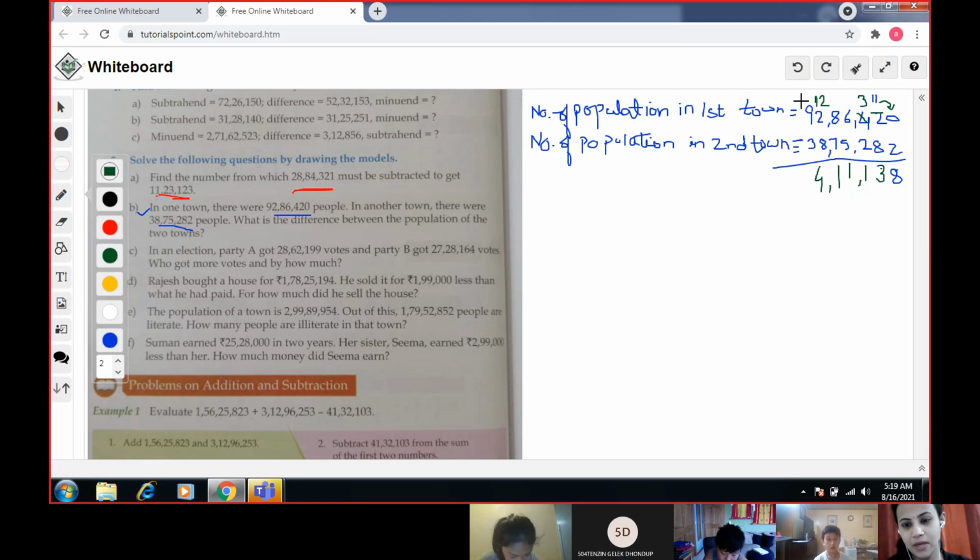And now here it will become 8 because we have given 1 to the right side. So 8 minus 3 is 5.